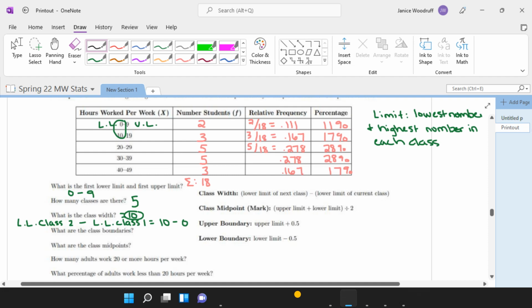So you have a boundary at 9.5, at 19.5, 29.5, 39.5, and that's it. Or you could say 49.5.